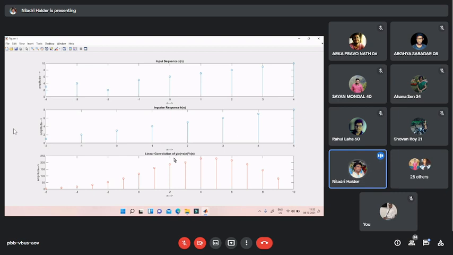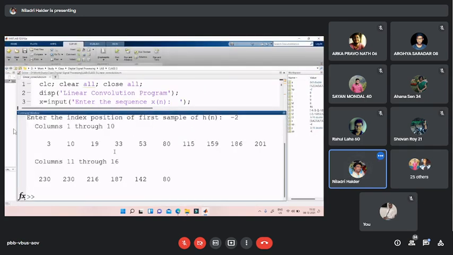And this is the graphical representation. Simply if you want to see the result, that is your result.